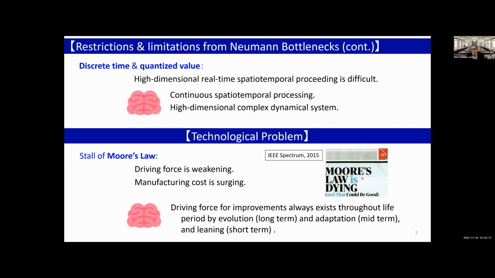The important one is the last line, that it could be good. Here it means that we have been tied to Moore's law, but now we are free from it. That means we can explore a new kind of computational paradigm. So they said that could be good.